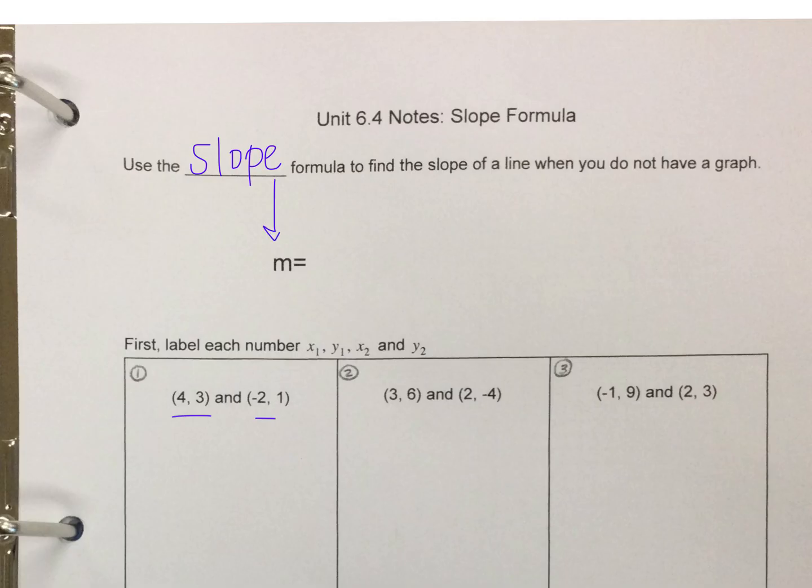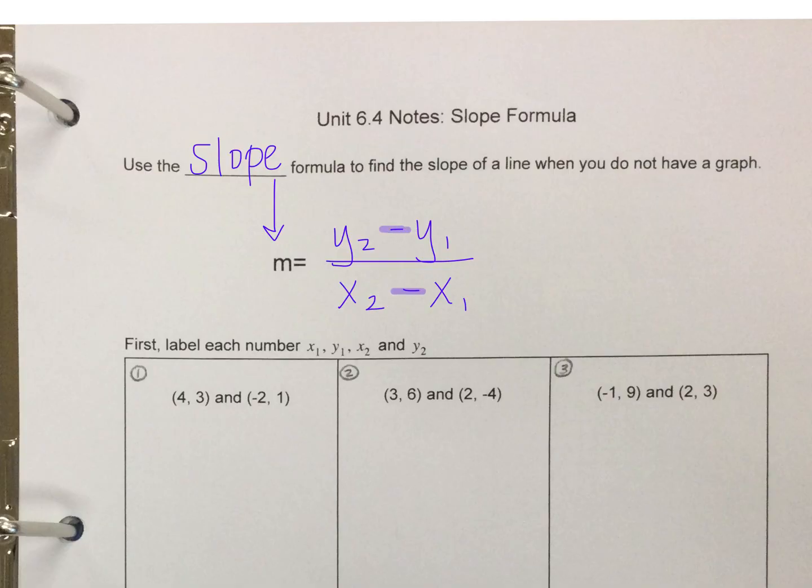M is the letter for slope. I don't know why. Ask your local mathematician. The formula to find slope is y2 minus y1 divided by x2 minus x1. The most important thing here is to remember that this is a minus, always and forever.